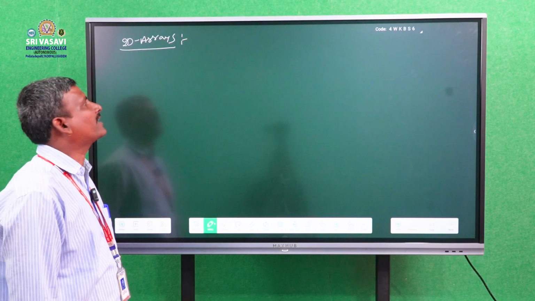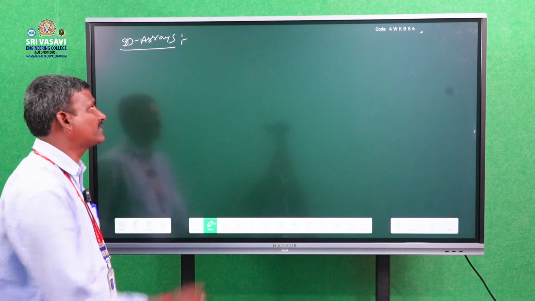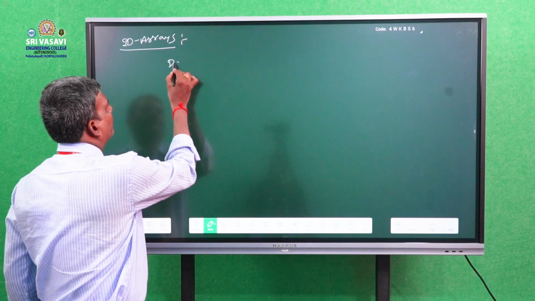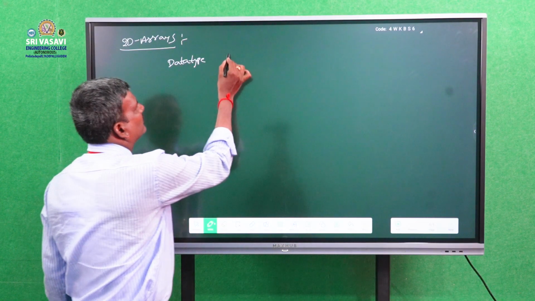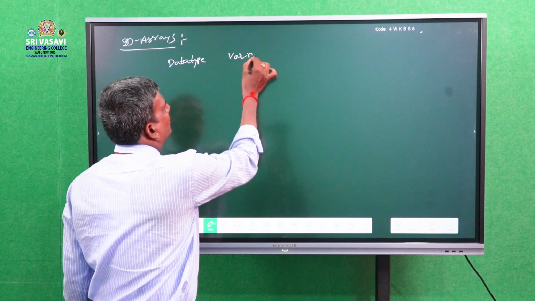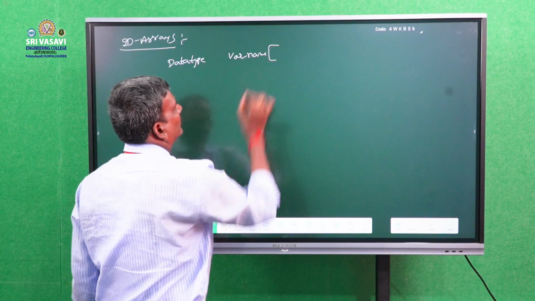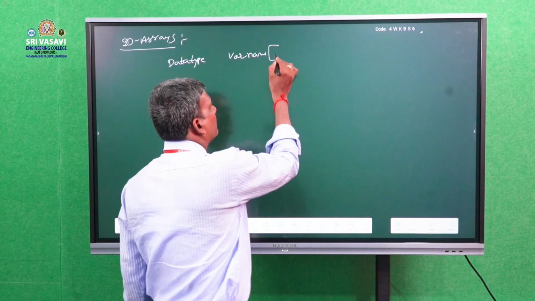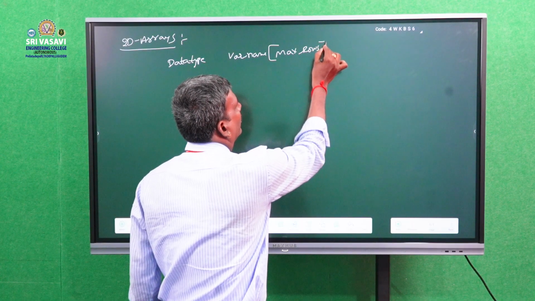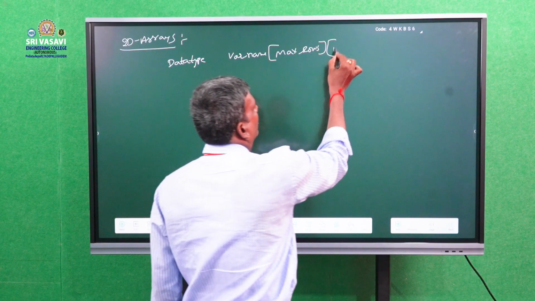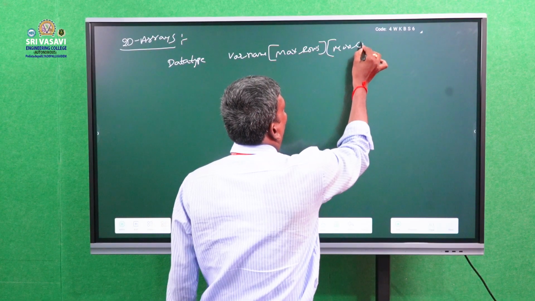The syntax of a 2D array is like this: data type, variable name, and the first bracket says the maximum number of rows, and the second bracket says the maximum number of columns.